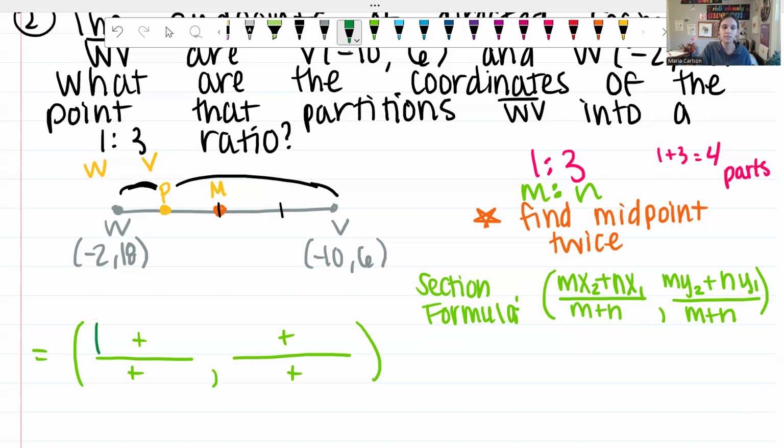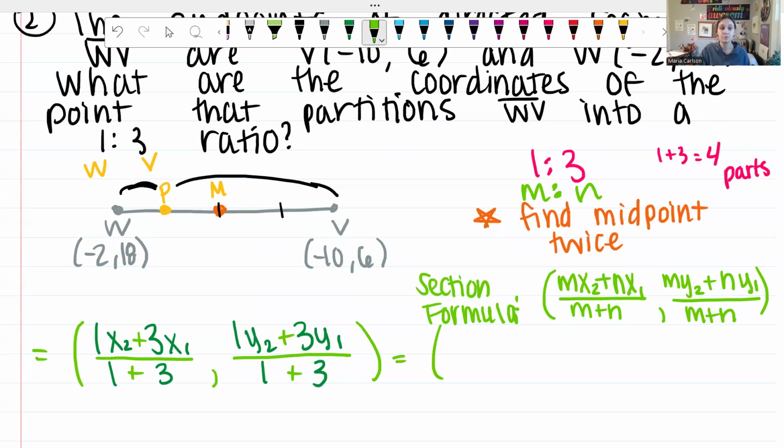So I have 1 times whatever x2 is, plus 3 times whatever our x1 is. And then that'll be divided by M is 1 plus N is 3. And then our y coordinate will be found by multiplying 1, which is M, times y2, plus 3, which is our N, times y1, and dividing that by M plus N, or 1 plus 3.